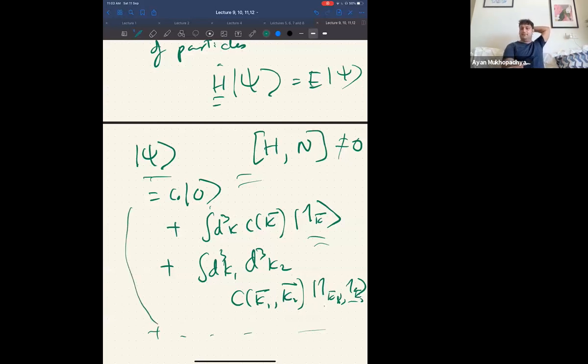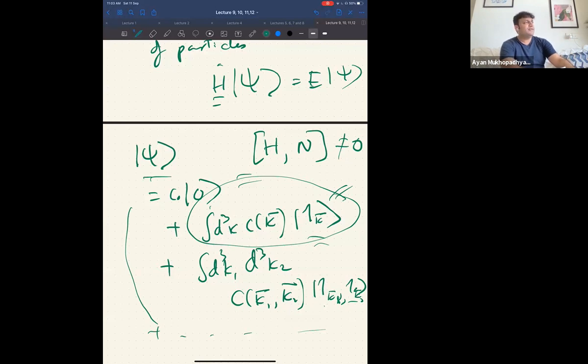H naught commutes with N, but H doesn't commute with N. So these are the correct states to describe the excitations of a material, right? You will have particle-like excitations, which look like this essentially, but they have a virtual cloud of other fluctuating particles around them. So we'll see there's a notion of quasi-particles that still comes in, and we'll see why it works out.